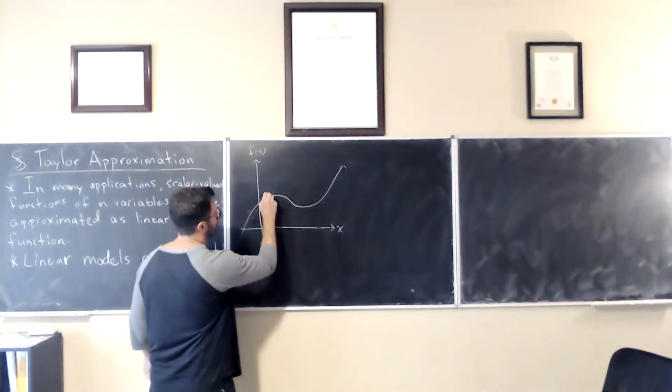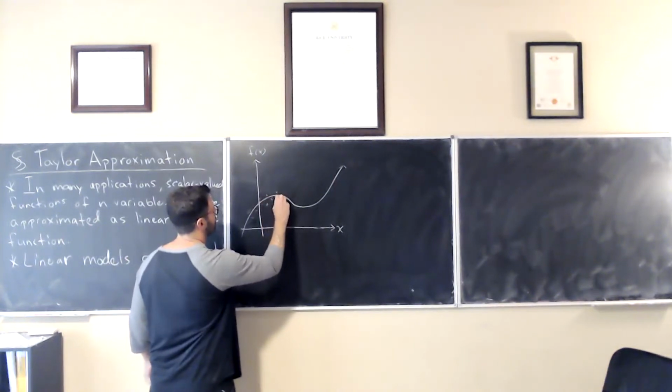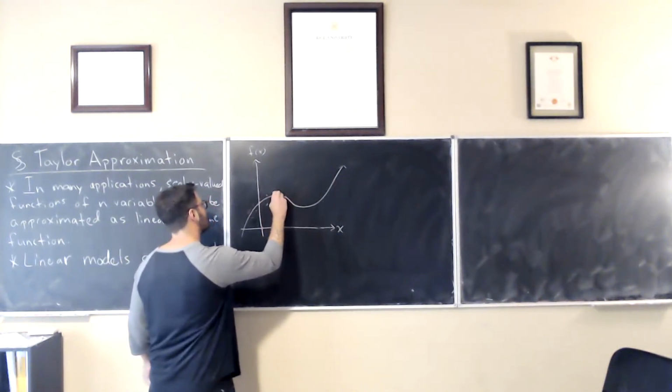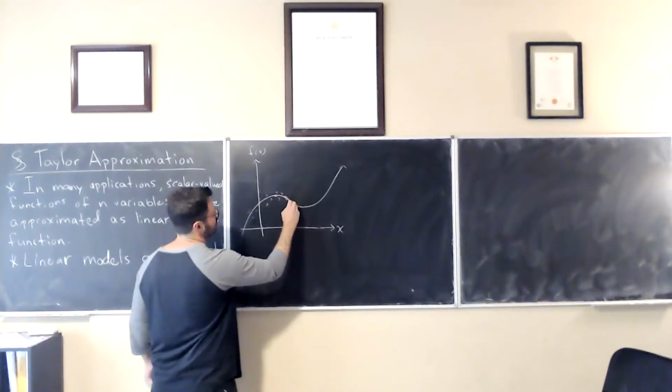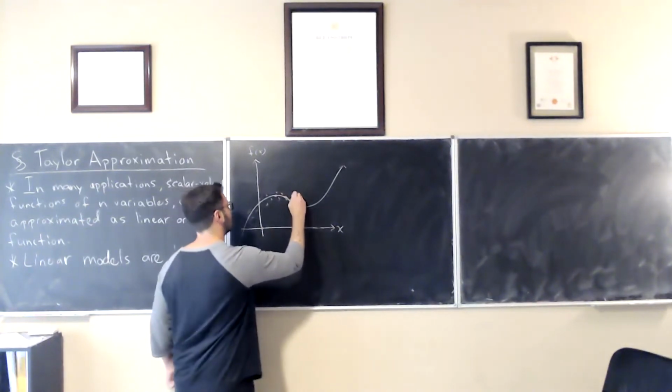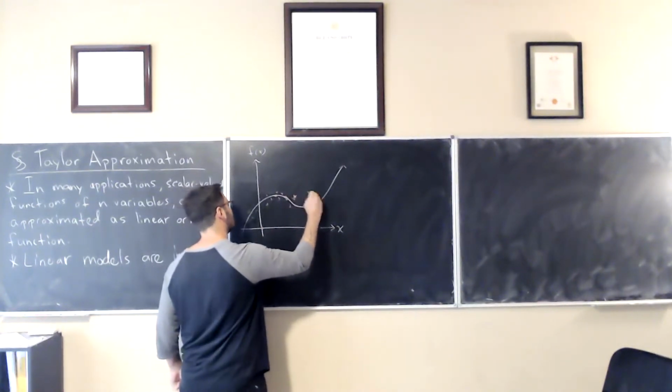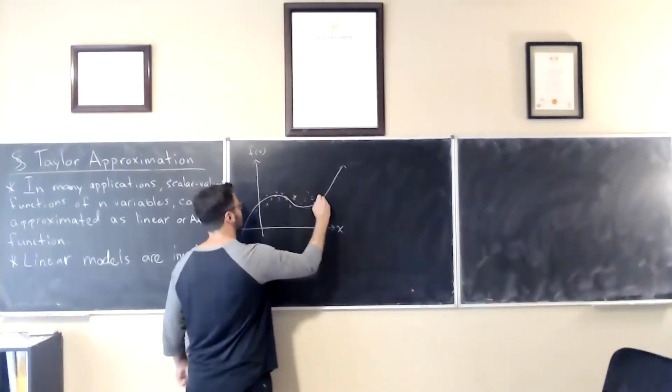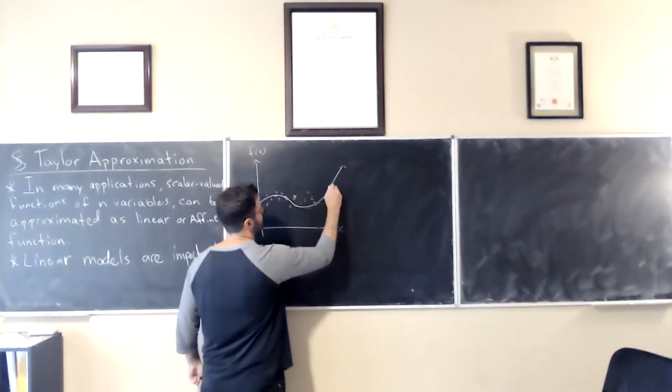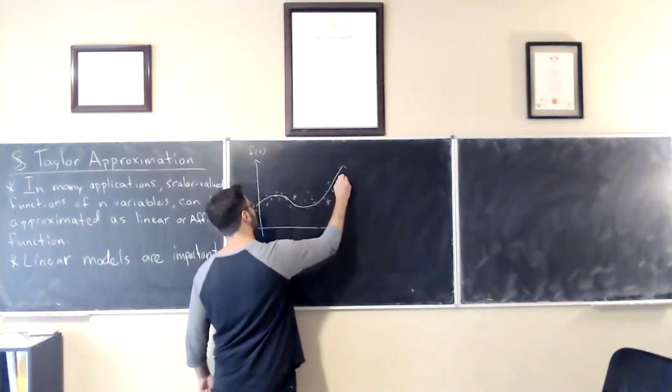These little notches just represent the data that we observe, and the true function is something like this.